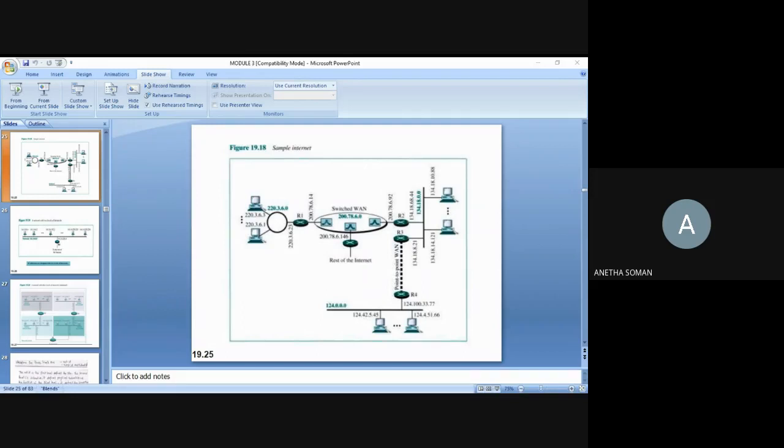Okay, so that was what you studied in the morning class, and after that you went on to the concept of subnetting. Now, what is the importance of subnetting? Nachiket, answer. What is subnetting first?